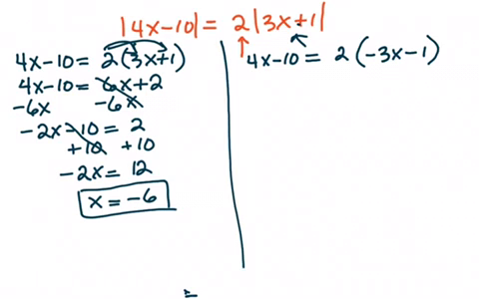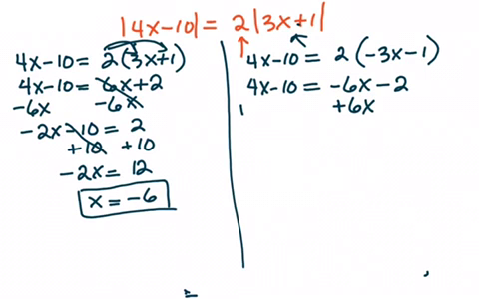Over here, 4x minus 10 equals, now 2 times negative 3x is negative 6x. 2 times negative 1 is negative 2. Now, I'm going to pull my 6x over, so I have to do the opposite, plus 6x. That goes away. 10x minus 10 is negative 2.